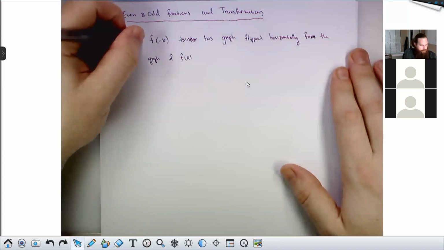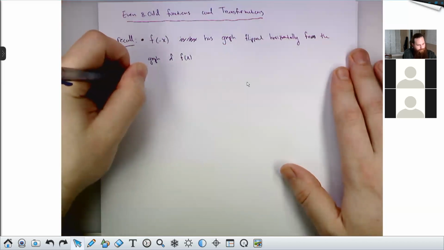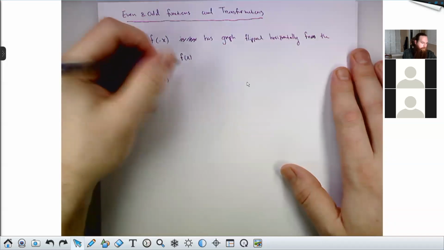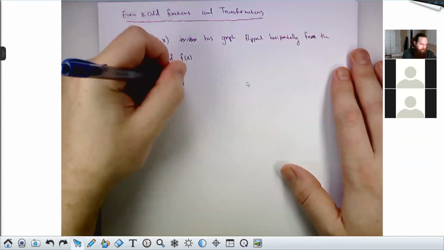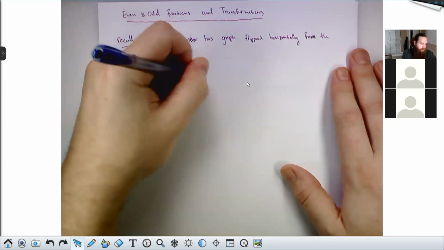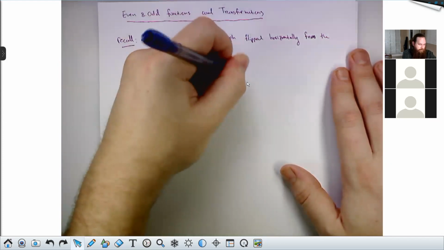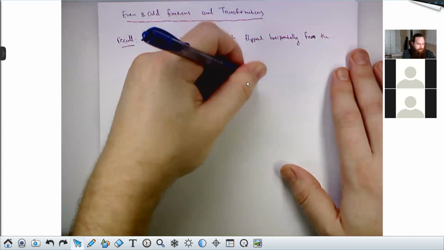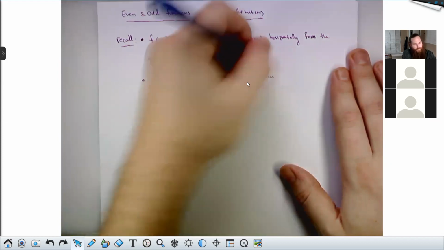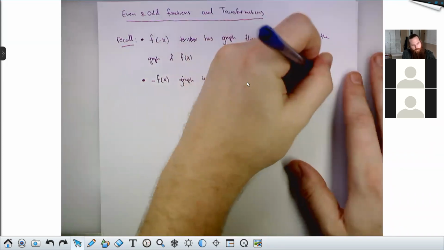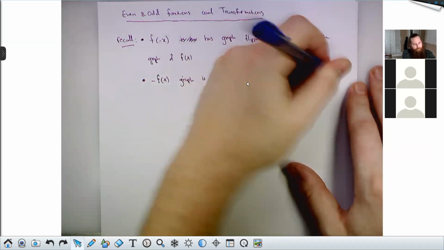And also, negative f of x has its graph flipped vertically from the graph of f of x.